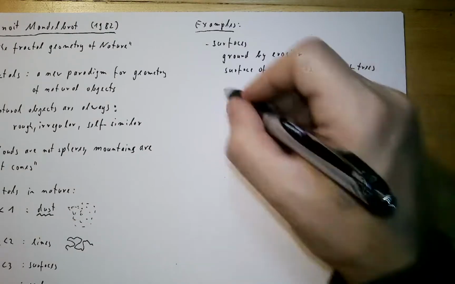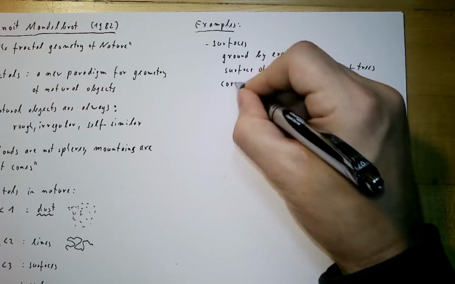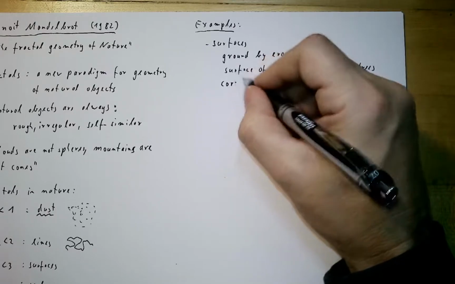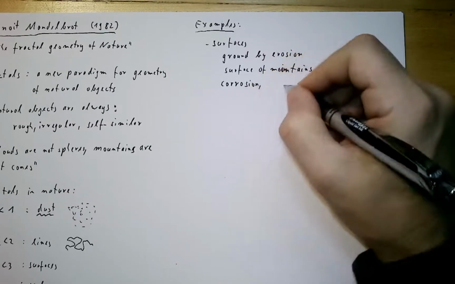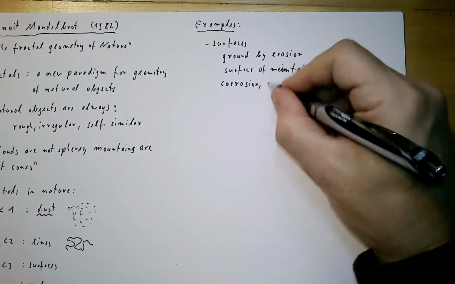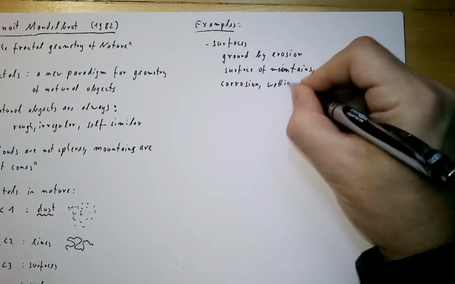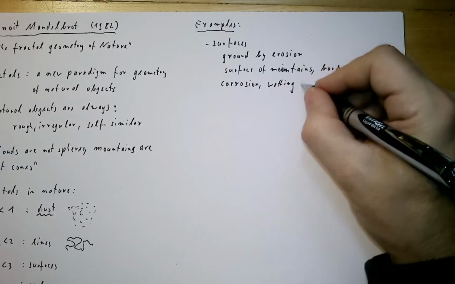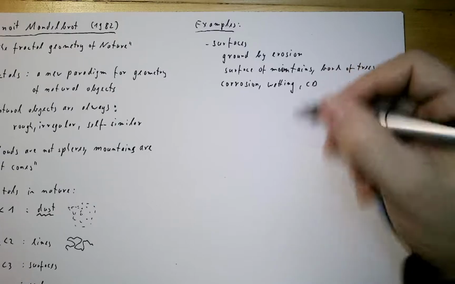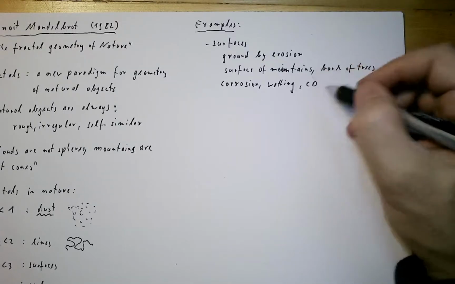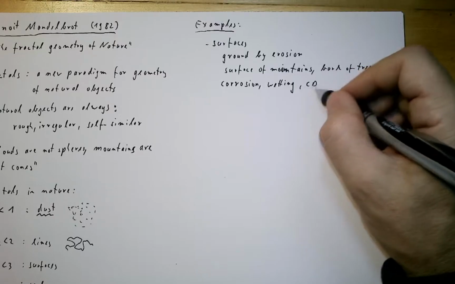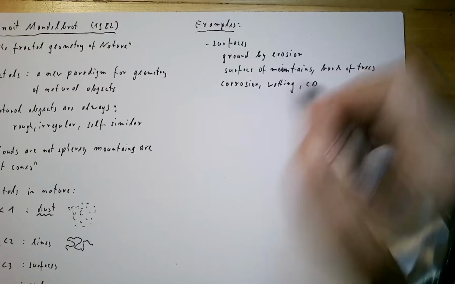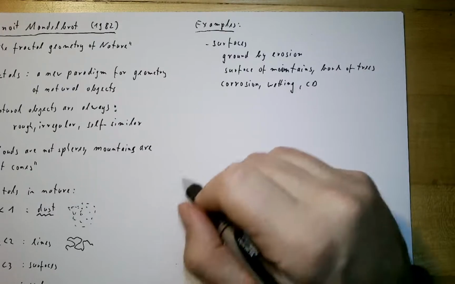But also when you have corrosion, or in industry, if you have wetting of surfaces, or even a CD where you put substances on to encode information, or produce surfaces in industry, you find rough surfaces.